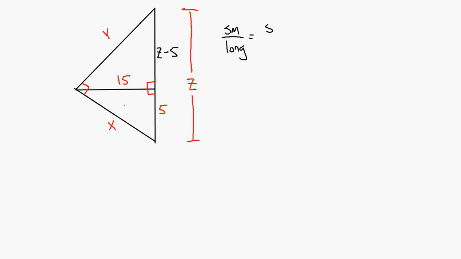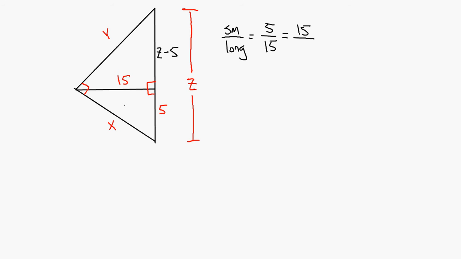So you can do 5 over 15 equals the small side of this top triangle. The small side of that top triangle is this altitude. So that's 15 over the long side.